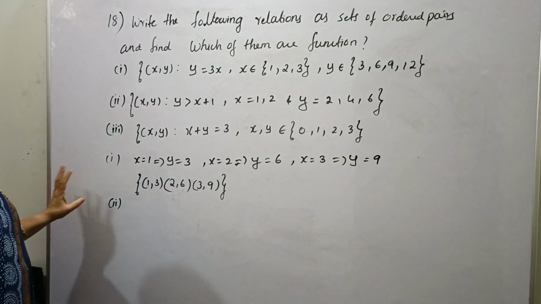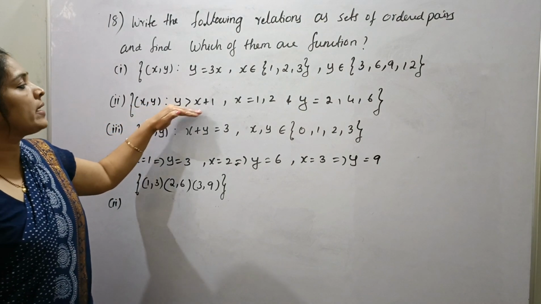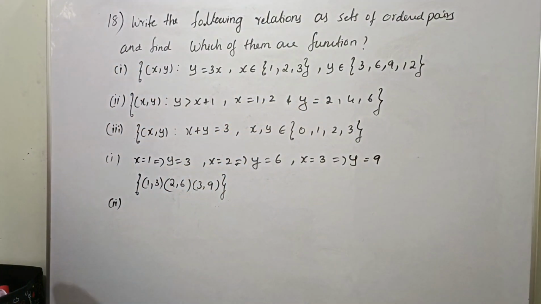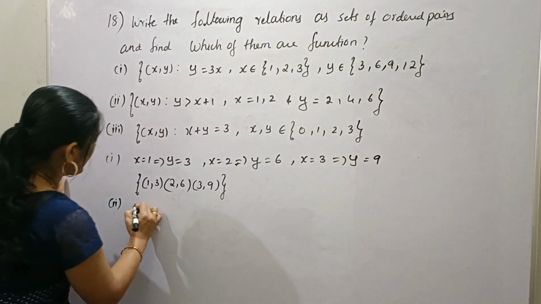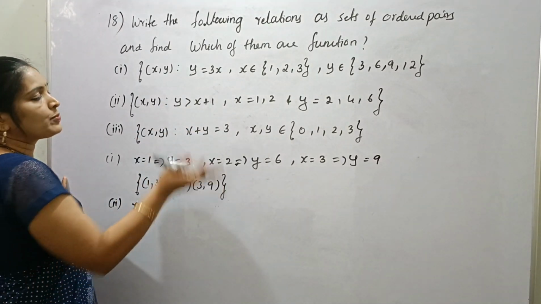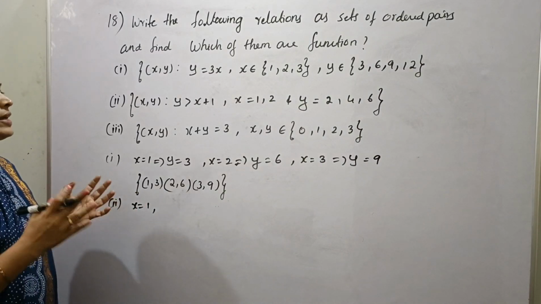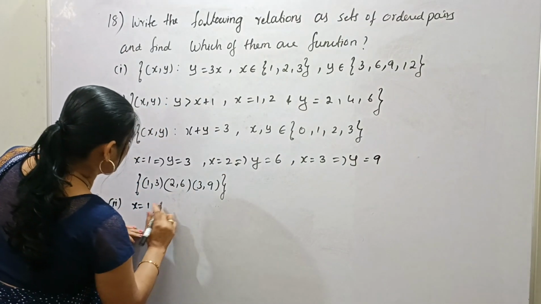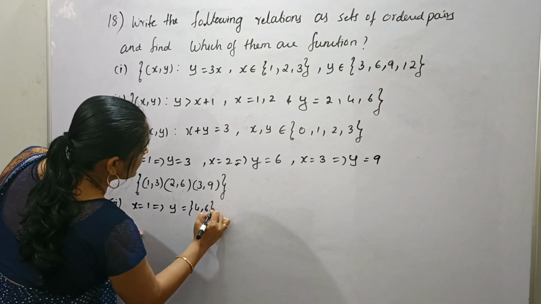See, second one. Here the set of (x, y) such that y is greater than x plus 1, x belongs to {1, 2} and y belongs to {2, 4, 6}. So here also let us substitute x values one by one. When x is equal to 1, y is greater than 1 plus 1, that is y greater than 2. Y greater than 2 means y is equal to 4, 6. So x is equal to 1 implies y is equal to 4 and 6.